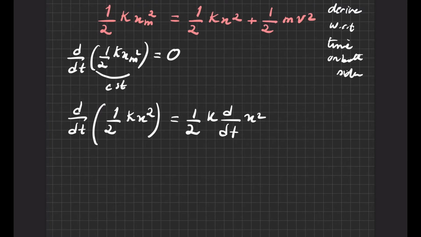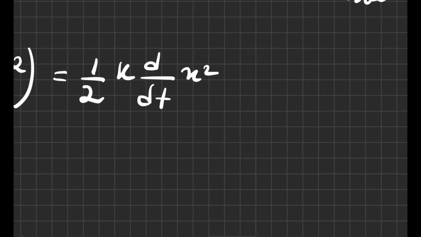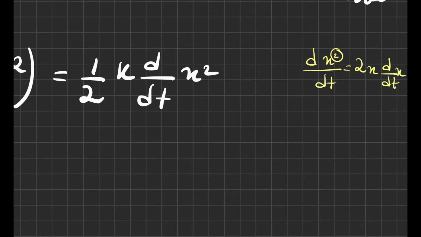We know that when we're deriving x squared, so let me write it as a note up here. Let's choose some nice color here. So the derivative of x squared with respect to t is the exponent 2 times the function x times the derivative of x.